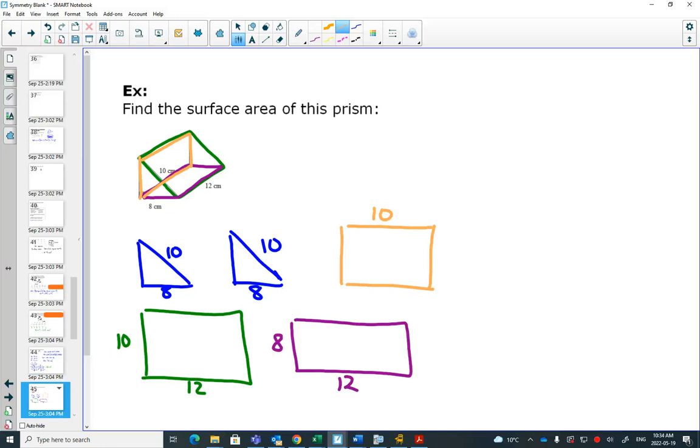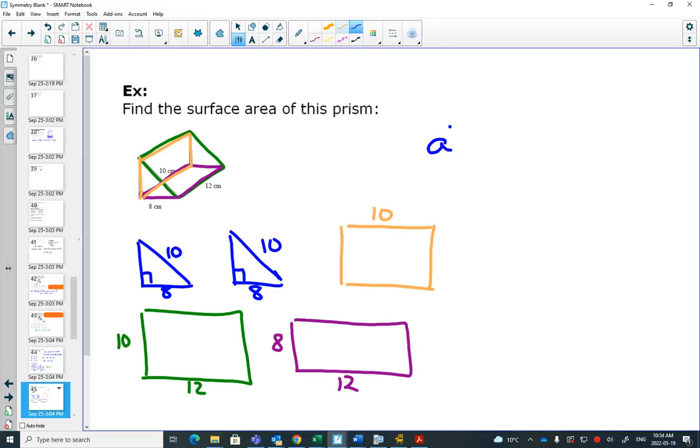It's not 12. The hint is in the triangles. What do you know about triangles that are right-angled triangle?